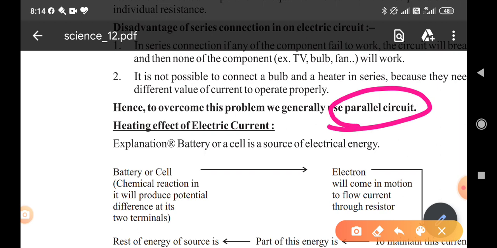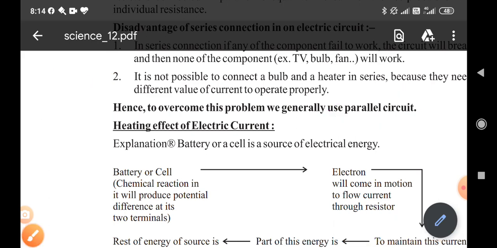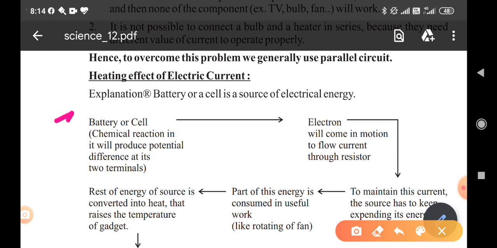Now let us come to the next topic, heating effect of electric current. A battery or a cell is a source of electrical energy. How? In a battery or cell, a chemical reaction produces potential difference at its two terminals, so that electrons come in motion to flow current through resistors.